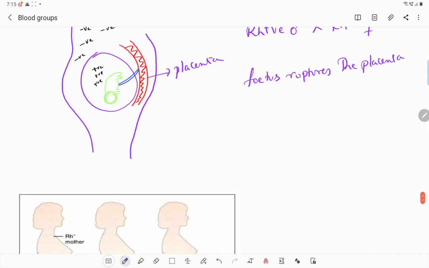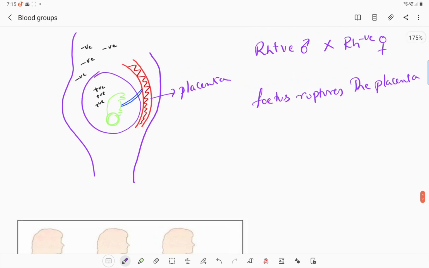This is the fetal RBC. The baby is rupturing the placenta and moving outside. Then this fetal RBC is getting mixed up with the mother's RBC.